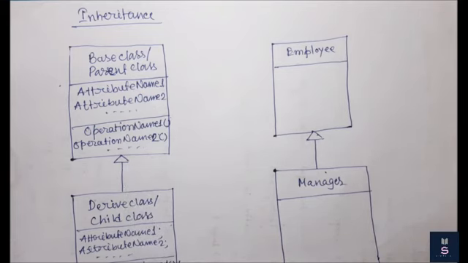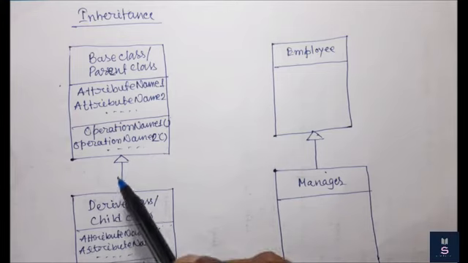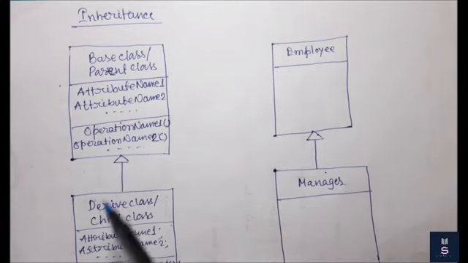If I want to form an inheritance, the symbol is very important. This is an "is a" relationship between two classes. For example, student is a person, chair is a furniture, parrot is a bird.